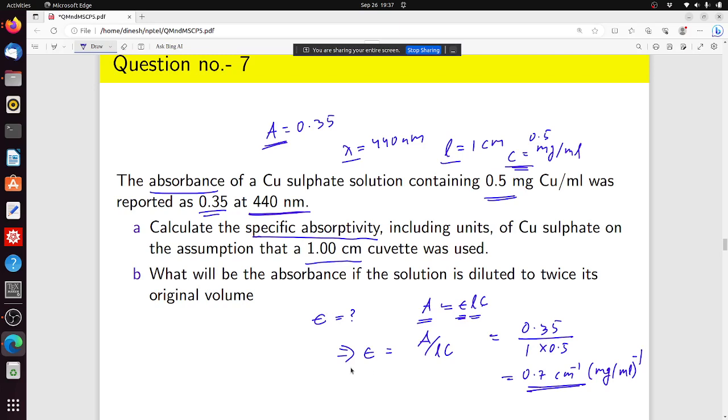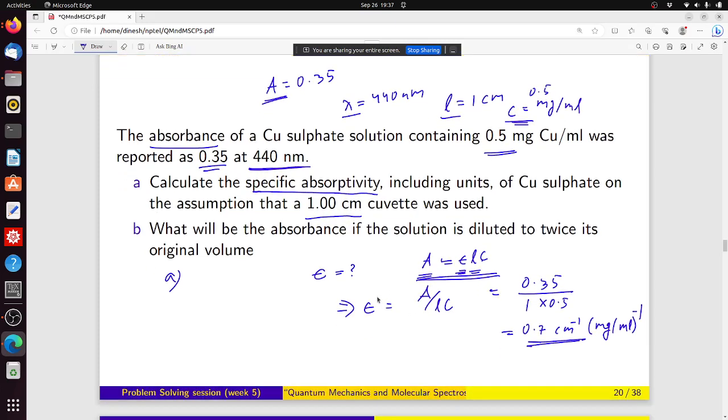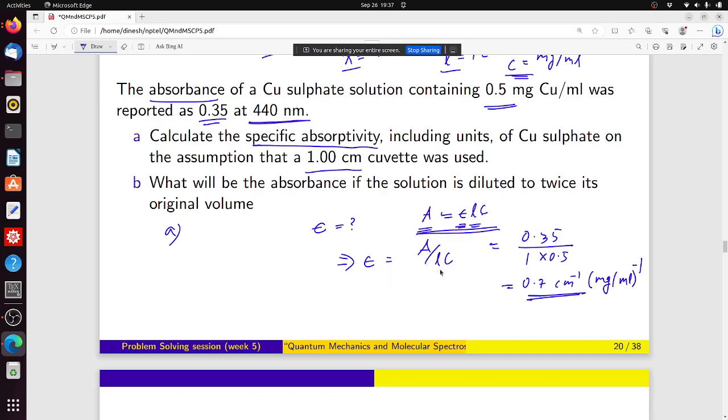Any doubts? Okay, I assume no, because it's a pretty simple formula. We are just putting in all the values we have, and we are calculating whatever we don't have. Okay, so moving on to question number B.